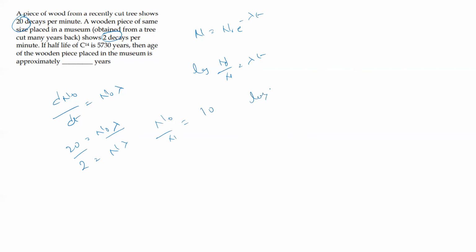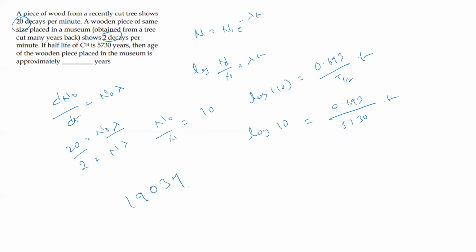So log 10 is equal to lambda, which is 0.693 by T half, into t. Clear? So log 10 is equal to 0.693 by 5730 into t. Simplify, you will get the answer. The answer is 19039.